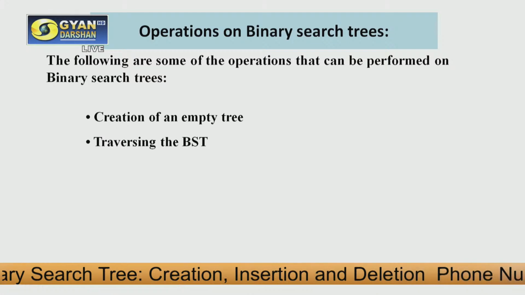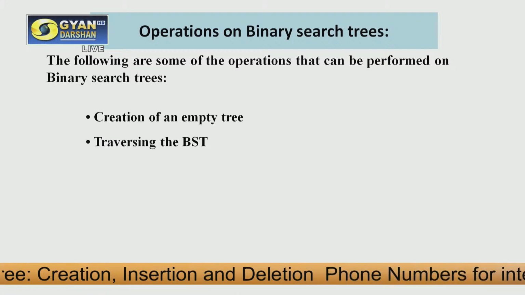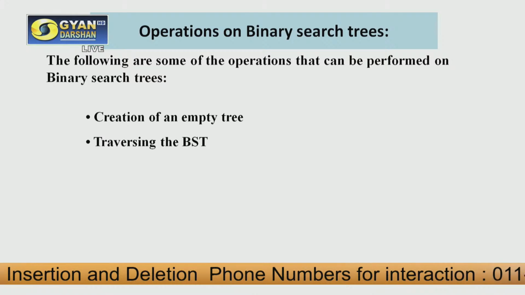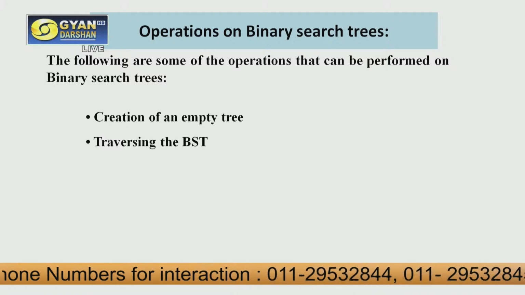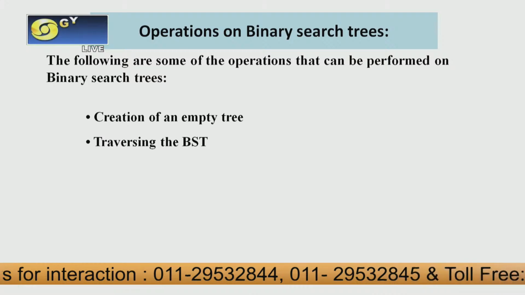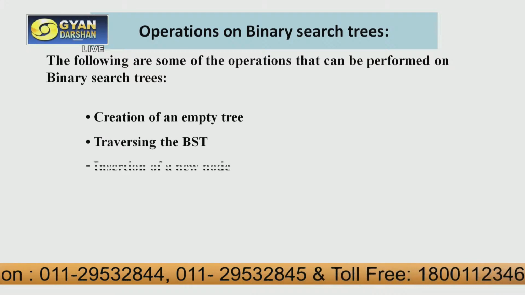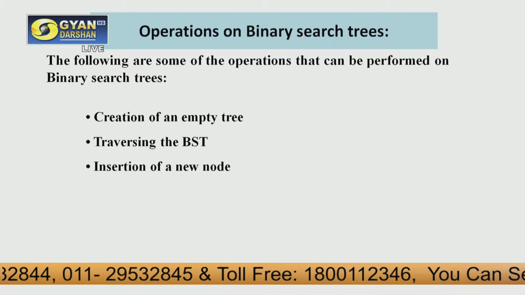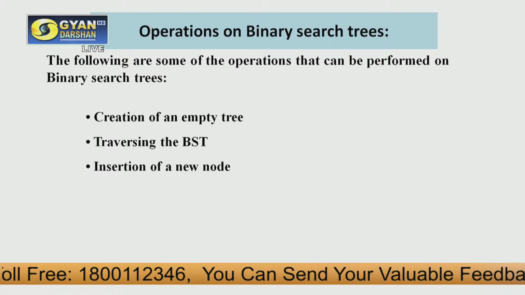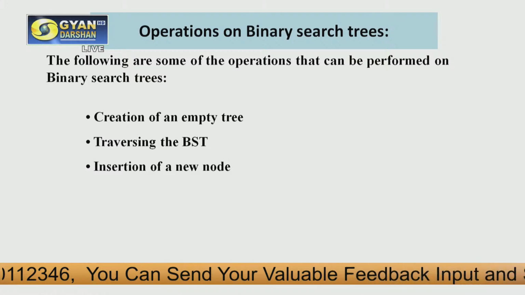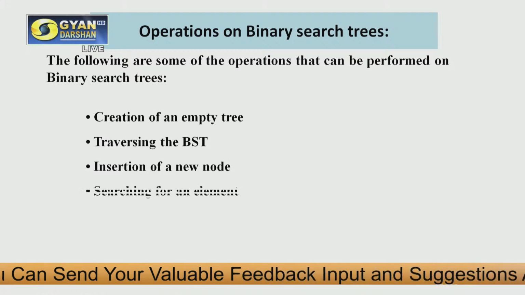As we know, there are three types of traversal methods: in-order, pre-order and post-order. We will see an example in the next slide. Similarly, we can insert a new node into an existing BST, and that example we have already seen.